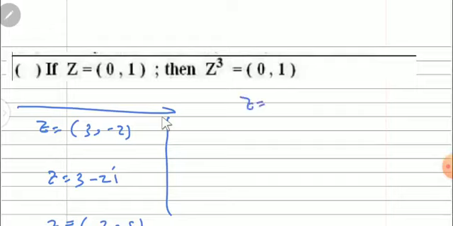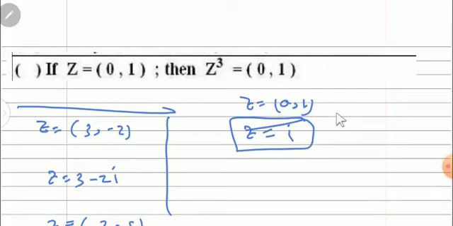z equals (0, 1), right? Let us change it. This is the real part, 0, so we don't have to write it. And here it is the imaginary part, 1, and because it's an imaginary part, it comes with i, and we don't have to write z here. So this is z, but in algebra form.